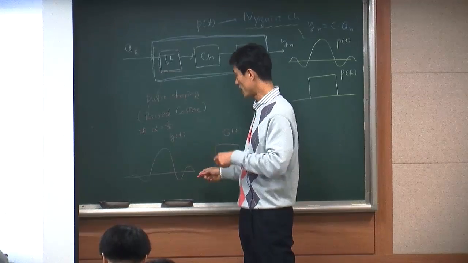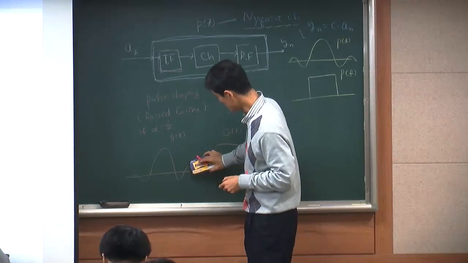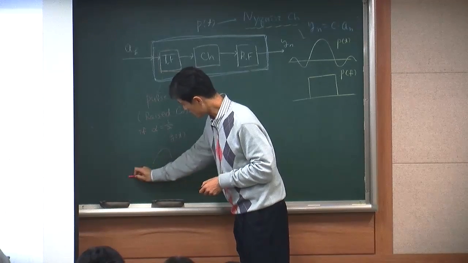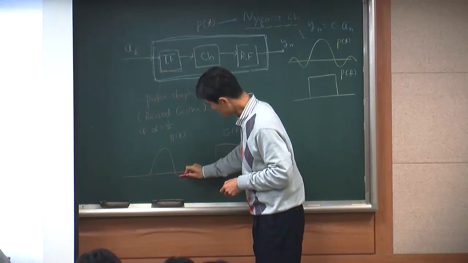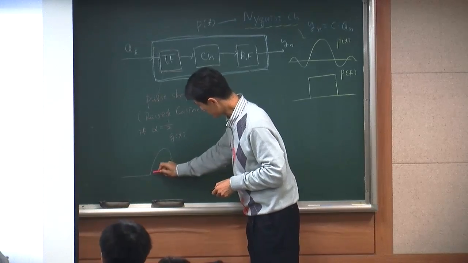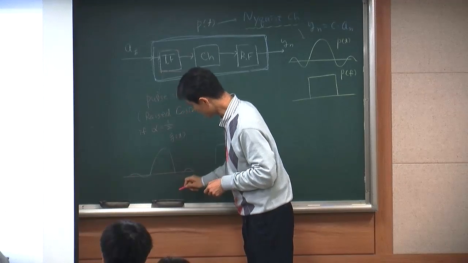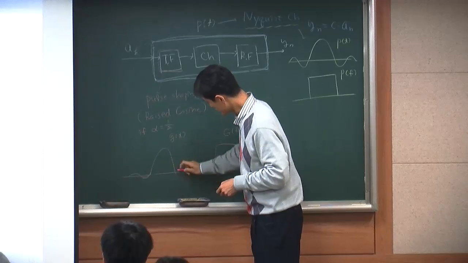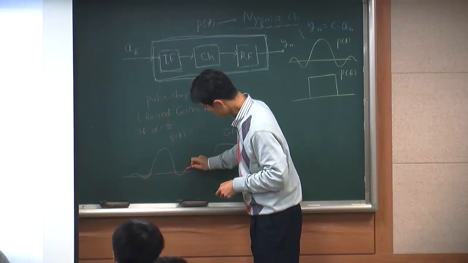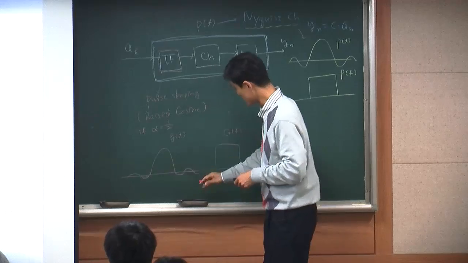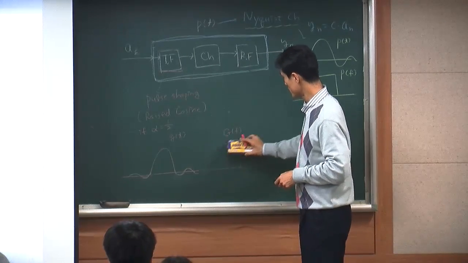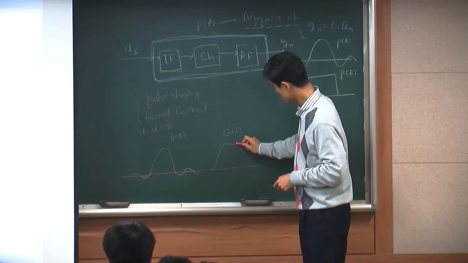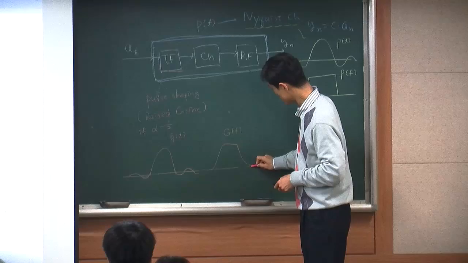Let's say we pick alpha equal to 1 over 2. In that case, in the time domain, you're going to have not a sinc function, but something like this, a little bit reduced pulse. And in the frequency domain, it's not rectangular. It's going to be like this.